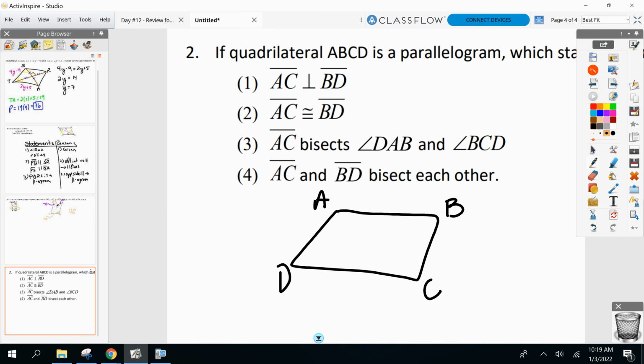All right, this is just straight up, do you know the properties or not? This is it right here. Which one is true?